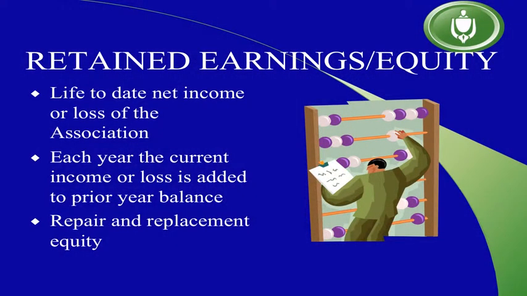The third component of a balance sheet is members' equity, or what is known as retained earnings if you are used to looking at company financial statements. These represent the life-to-date net income or loss of the association. Each year, that year's net income or loss is zeroed out of the income statement and rolled over into members' equity or retained earnings.